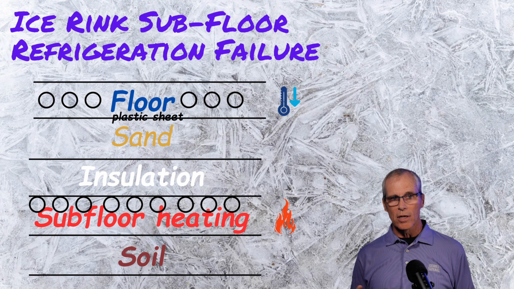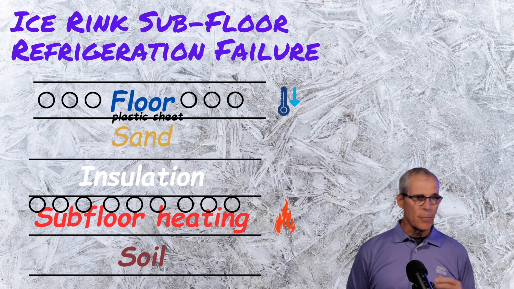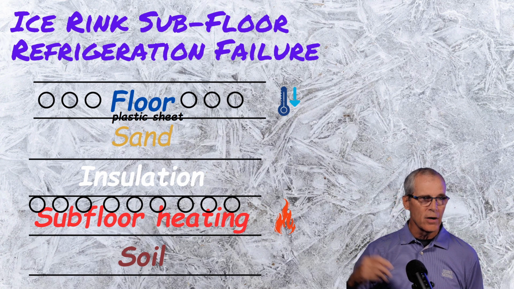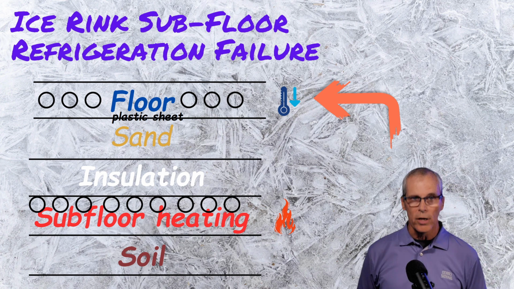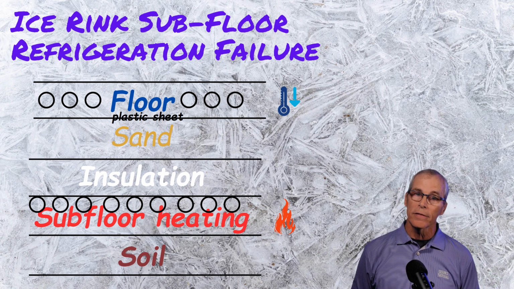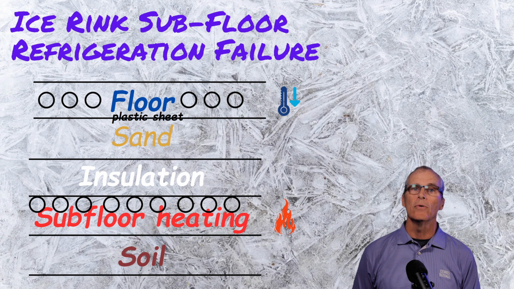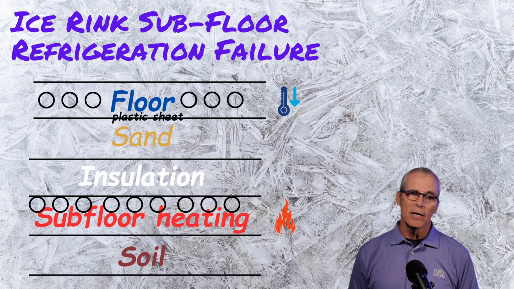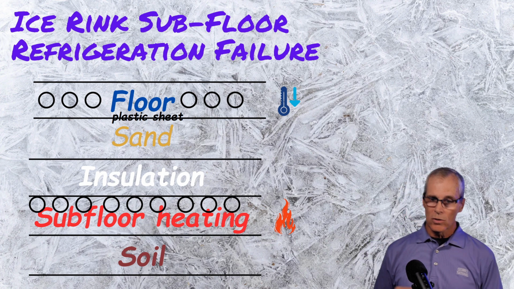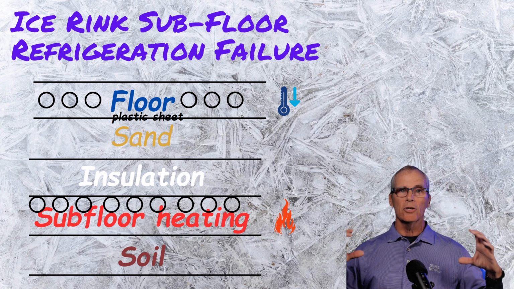Now, how does it work? Let's take a look at it. Well, if you look at that top layer up there, you see the floor, and you see the circles represent the cutaway of the tubes that are carrying that very cold refrigerant from our machine shop, from our coolant room. And beneath that, there's a layer of plastic, and then some sand, and then you'll see hard boards of insulation.